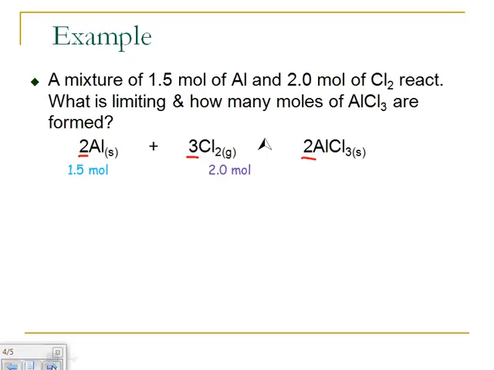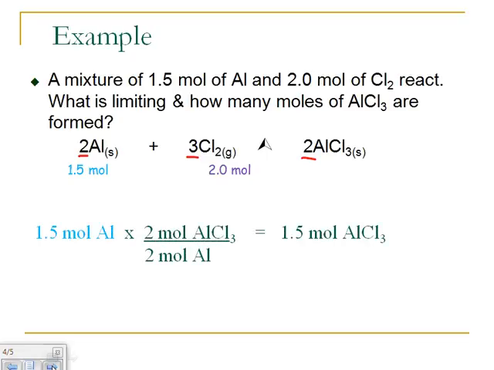So it's just going to be our mole conversion problems that we did before in the earlier sections. So we're going to want to start off with each of our raw materials. Our 1.5 moles of aluminum is what we'll start with here. Parentheses line, moles of aluminum in the denominator. Moles of aluminum chloride, since that's what we're trying to figure out, in the numerator. And then we look at the coefficients. This is our mole ratio, just like we did last section.